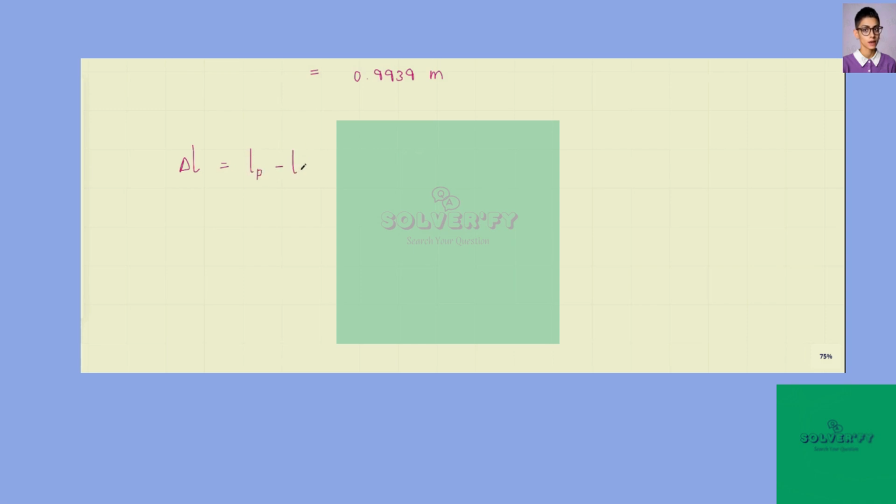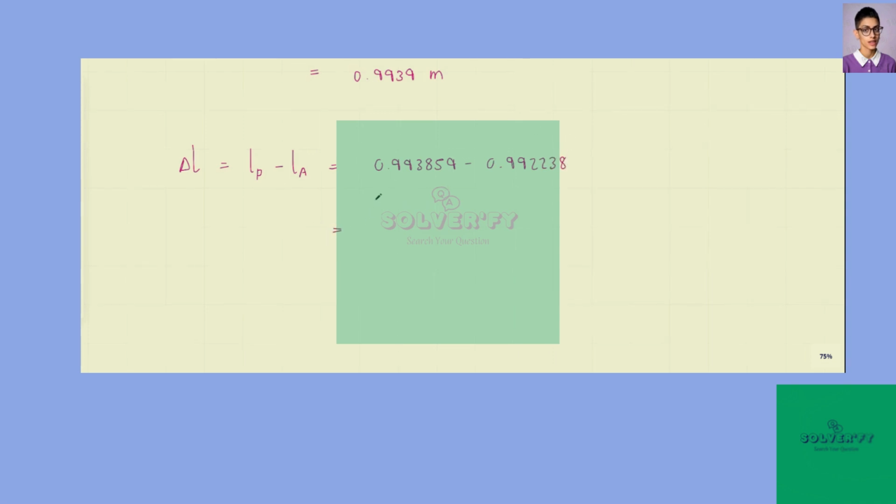And so the length that the pendulum needs to be increased, delta L, is the length that's needed in Paris minus the length needed in Austin, which is 0.993859 minus 0.992238.